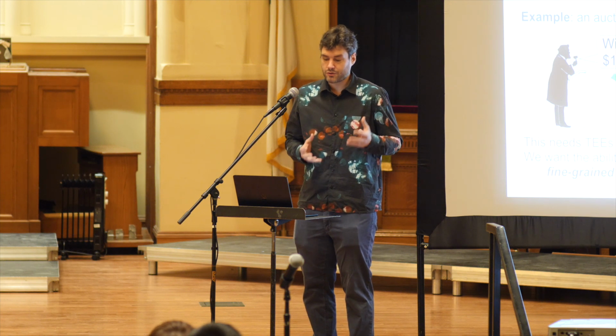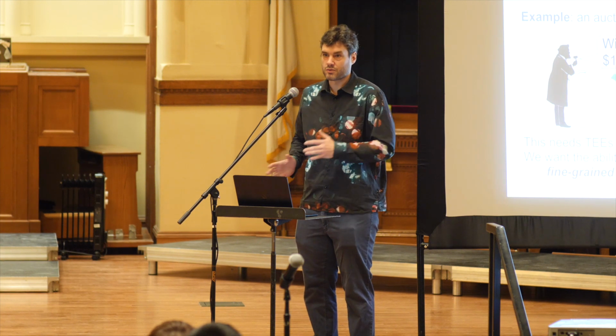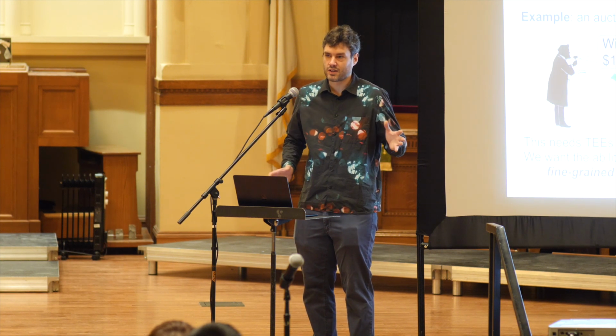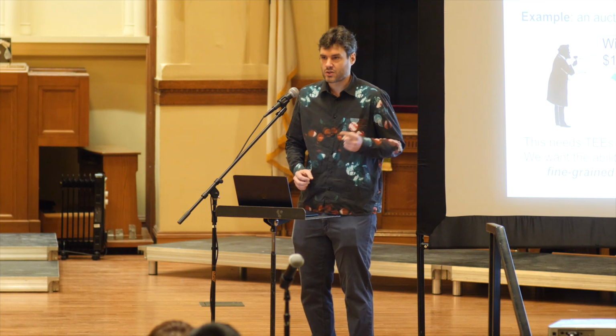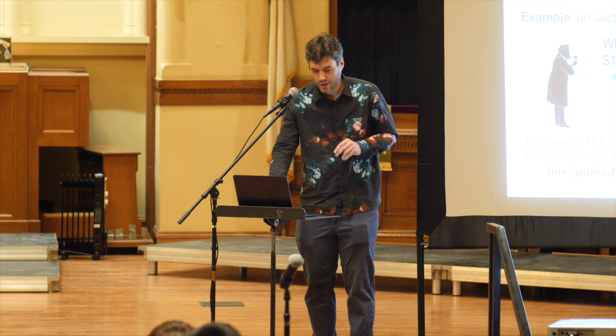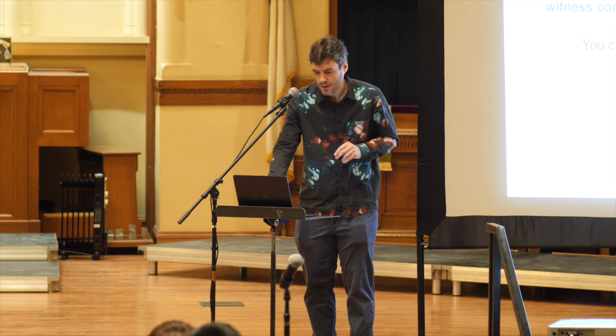So if you really want the full flexibility to write smart contract programs that have full control over what's revealed, what's not revealed, full flexibility in the hands of the smart contract developers, zero-knowledge proofs and commit and reveal isn't enough. You need either multi-party computation or TEEs.